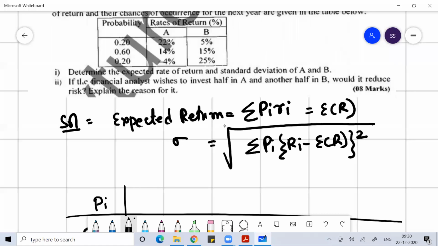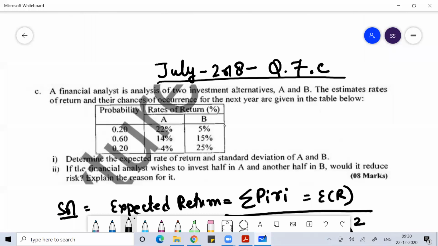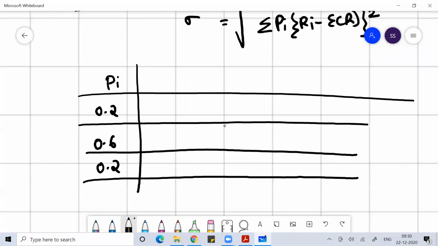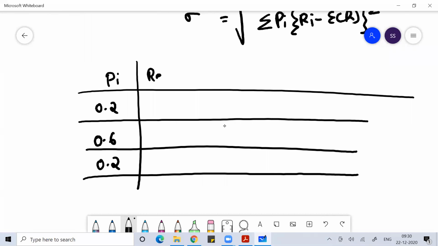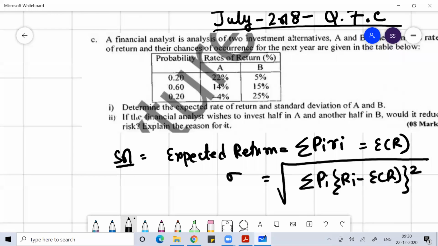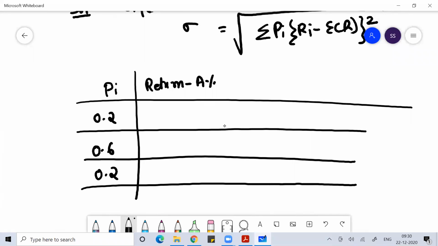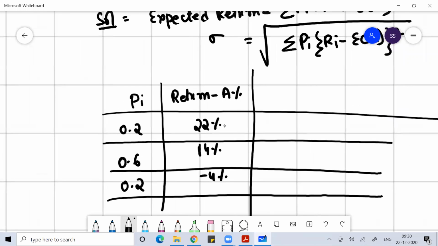Then the rate of return on A is 22, 14, and minus 4. That is the return on A.